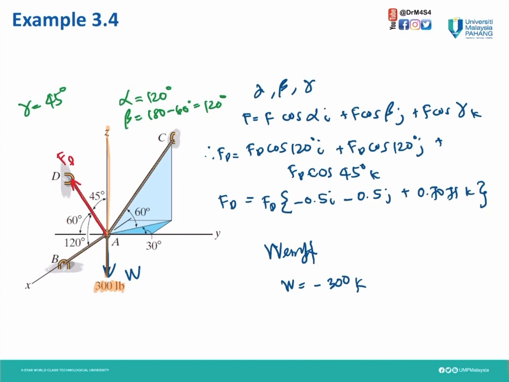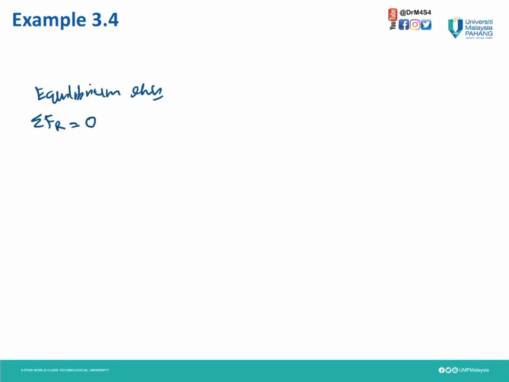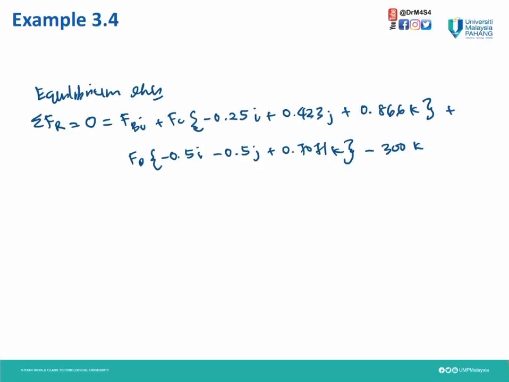Therefore, W is negative 300k. In equilibrium, we know when we combine all the forces, we get 0. So we combine all the forces, FB, FC, FD, and the weight is equal to 0.